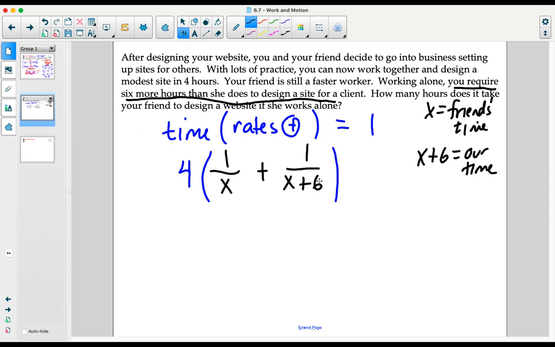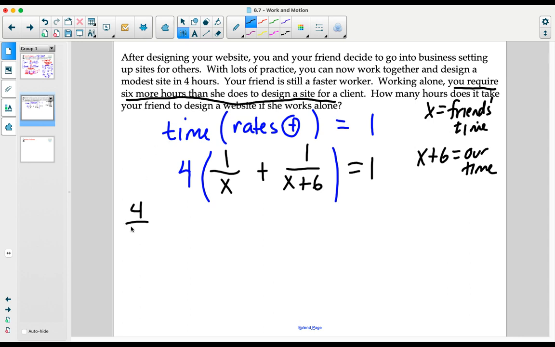And you can see why this type of work needed to wait until we got to rational equations, because now we have this binomial denominator combined with the monomial denominator. There's going to have to be some least common denominator work here with polynomials in order to get to a solution. We still want to complete the one job, so we finish it with equals 1.